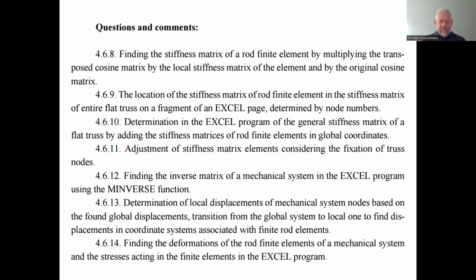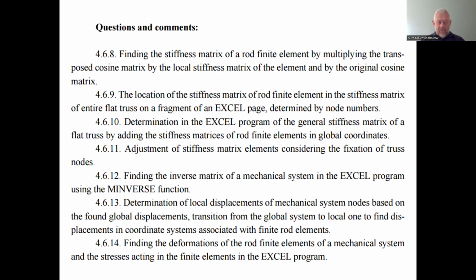It's important because next, to find the deformation, the relative displacement of the ends of the finite element, in the local coordinate system, we have to first transform the vector of displacement from the global coordinate system to the local one.